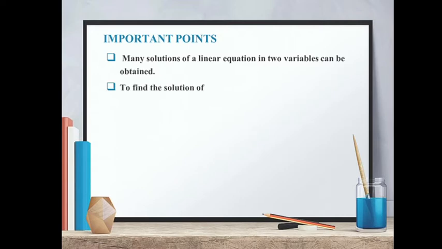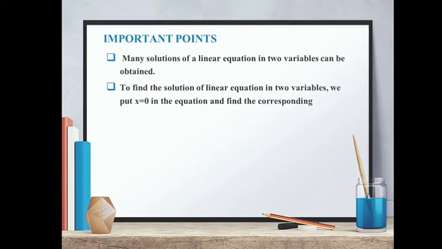To find a solution of a linear equation in two variables, put x equals 0 in the equation and find the corresponding value of y. So we can put x as 0, and by using the equation we can find the value of y.